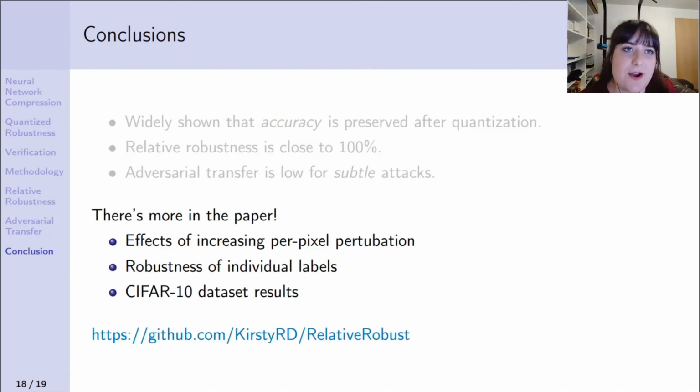If you want to check out our paper, there's more in there. During this talk, we focused on the search radius when verifying our network. In the paper, we go into more detail on how we modify the intensity with which individual pixels can be perturbed. We also evaluate the robustness of individual labels from a dataset.